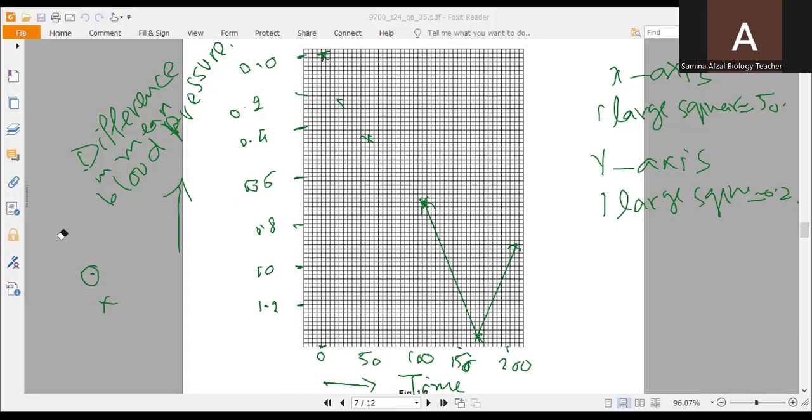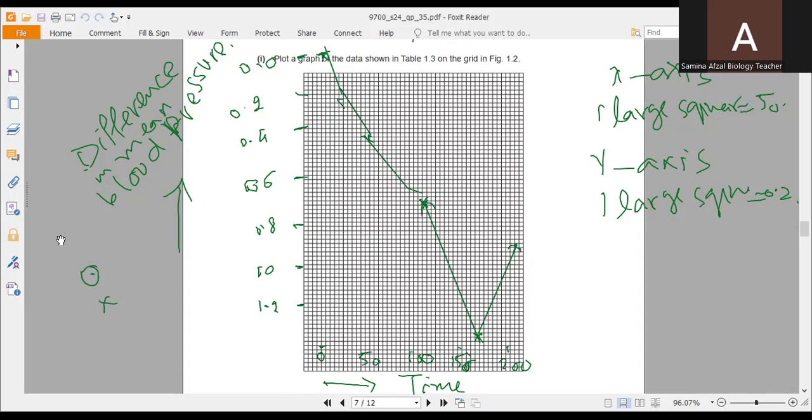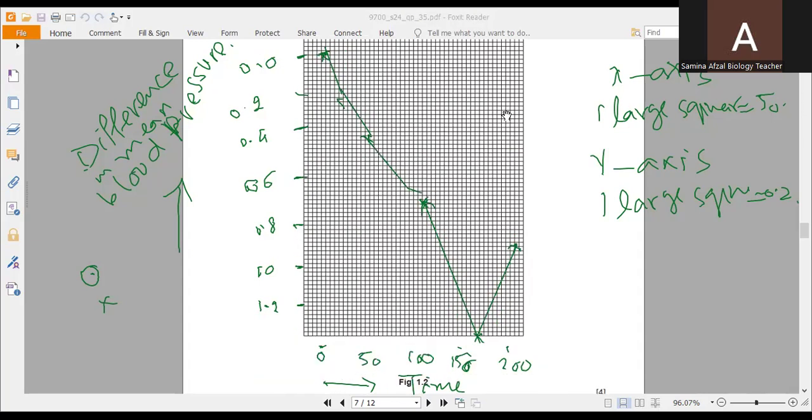No, there should not be a double line, but as I am drawing it without any scale, it is a little bit different from the actual. So this is the graph.